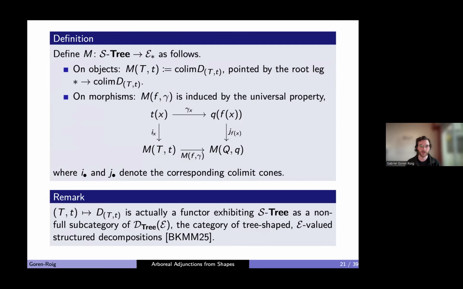Here's just a remark, especially for you, Emilio: this first part of constructing this diagram lands in an intermediate category, which is a category of diagrams. More specifically, it can be called the category of tree-shaped, E-valued structure decompositions, in the sense of Bumpus, Kočiš, Master, Minikelo.